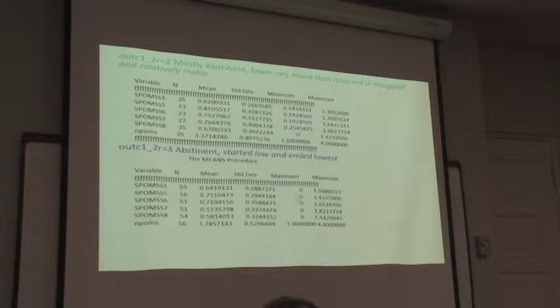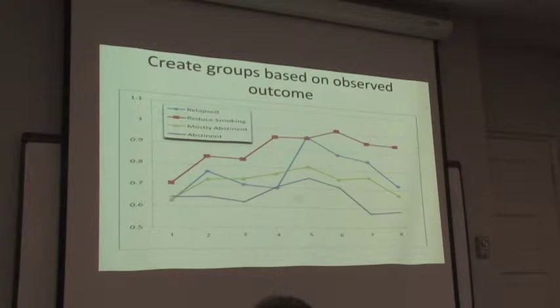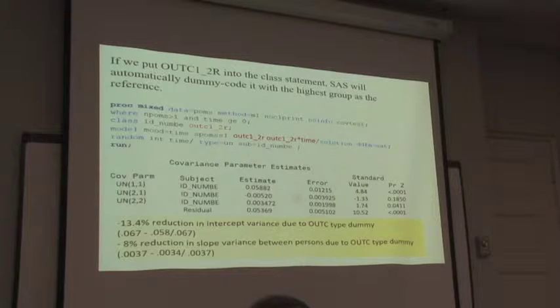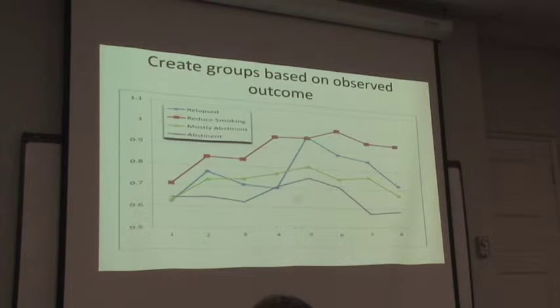Lower negative mood at the beginning, then the relapsed or struggled, and they remained relatively stable. So they started a little bit lower, and they didn't have that steep of a slope in terms of their negative mood over time. And then the abstinent started low and ended lowest. A second, where are we? Right there. Purple. The healing purple.